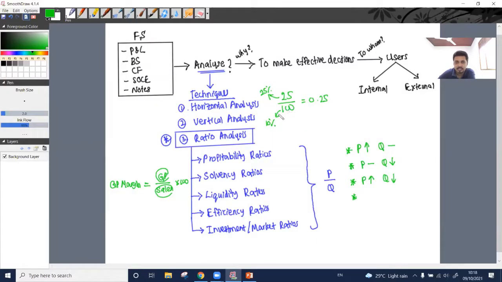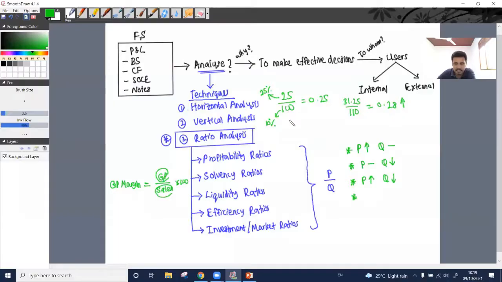If we increase 25 by 25%, it will result in 31.25. So what is the ratio then? The ratio is 0.28. Again, the ratio has gone up. So that is also another way to improve a ratio.